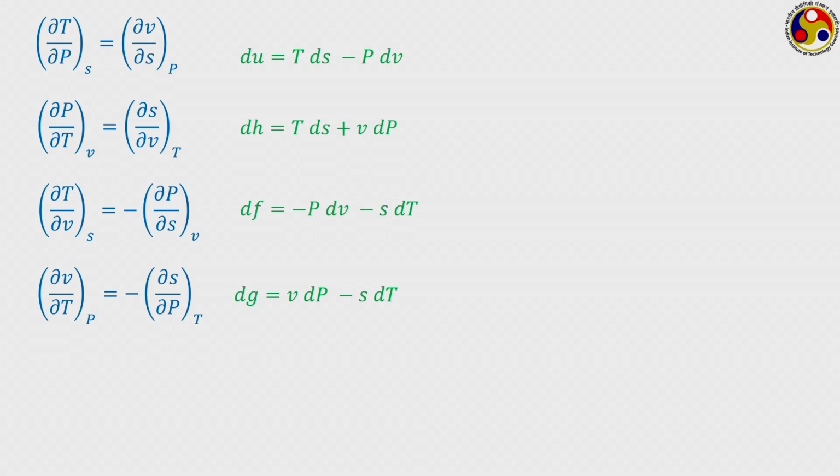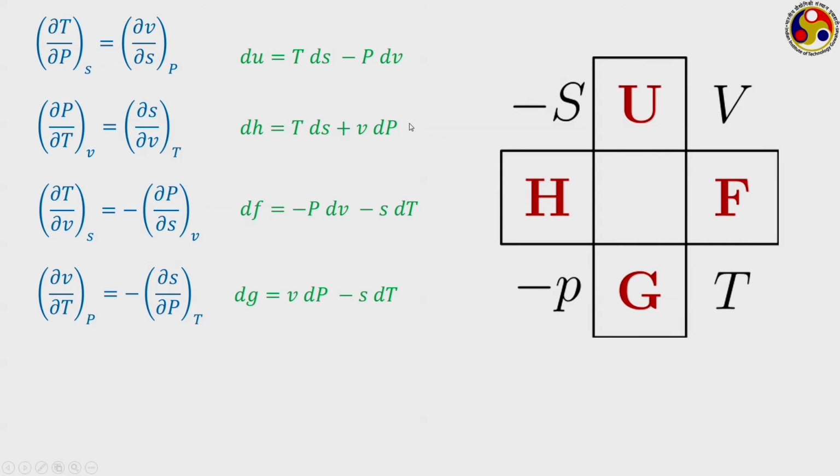We are just writing the equations as per our convenience. So, to get an idea about how to remember these equations, we make use of something that is known as the Maxwell square or thermodynamic square or mnemonic. Just see how we have written them in a square form.